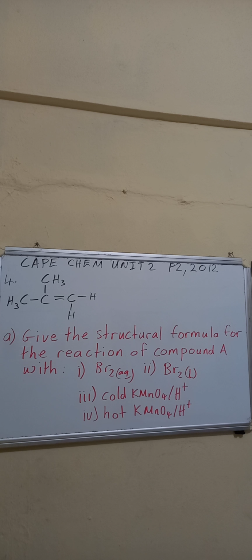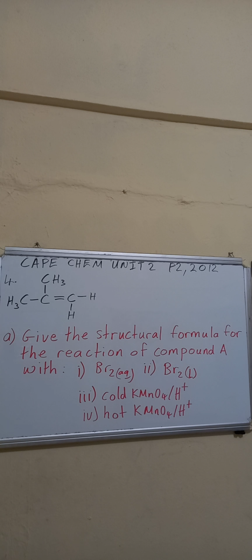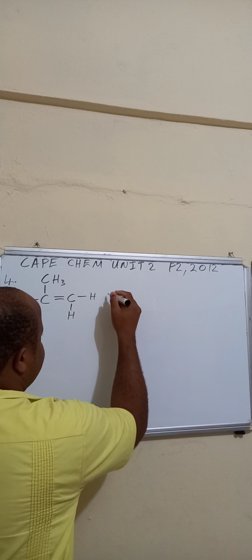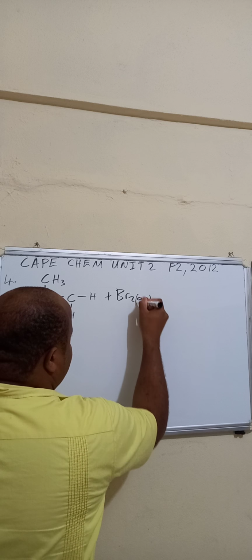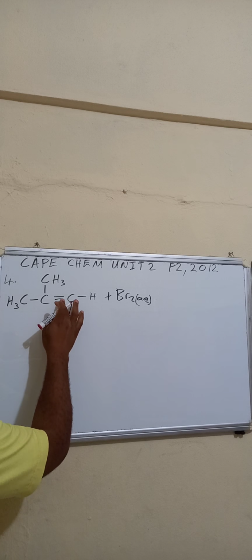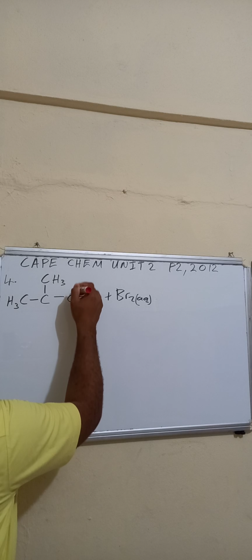So we're going to do the one with bromine first, aqueous bromine. So if we react an alkene with aqueous bromine, we know that the double bond will break, right? Let me put this hydrogen up here.